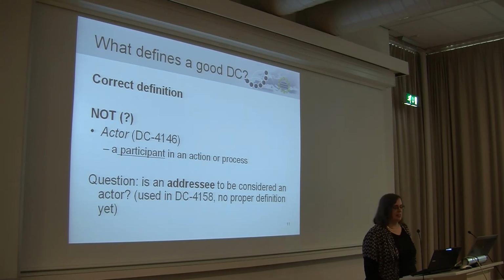When I see this, I can say a participant in an action or process. Is an addressee then all the same as an actor? So it's not clear here. An addressee as such is not yet defined in ISOcat. So that is something that needs to be done, because you have no idea what an addressee is. And we know, but the machine doesn't.